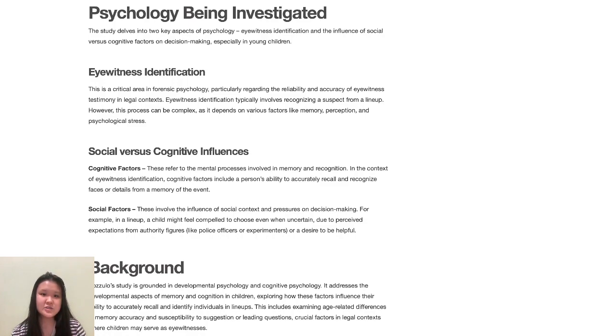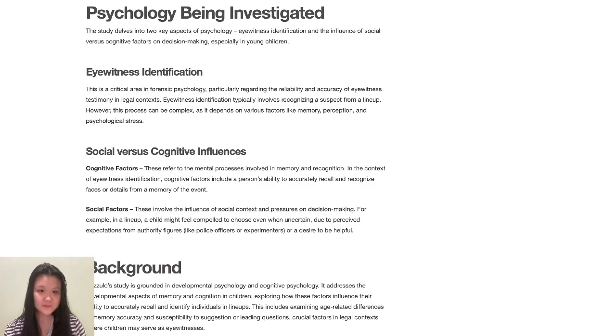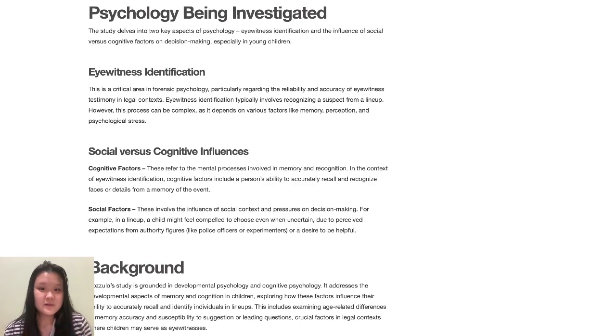Okay. So this study looks into two aspects of psychology, right? Do you know what these two aspects are? Is it the cognitive approach? Yes, that is a keyword. But basically it's two key aspects.